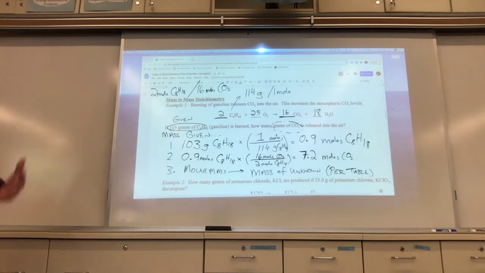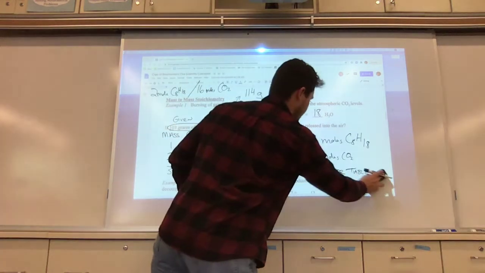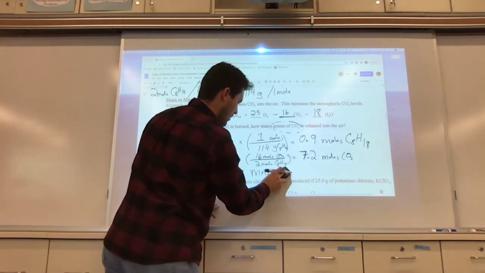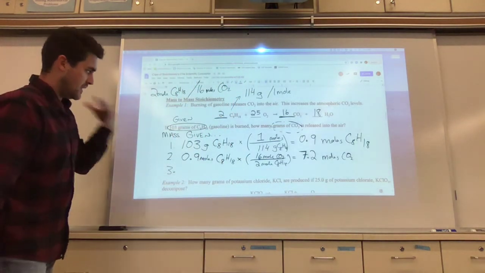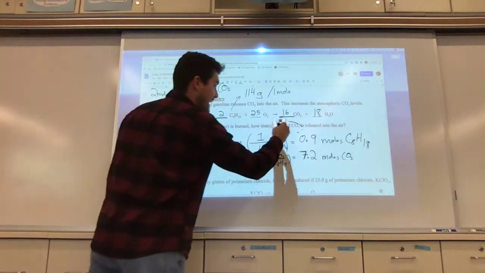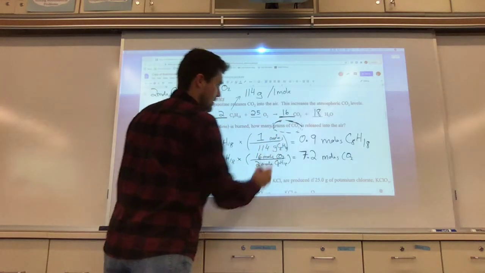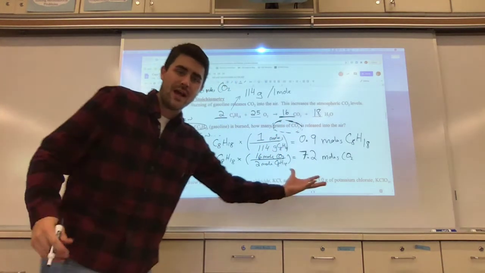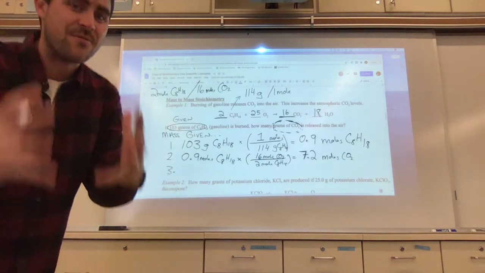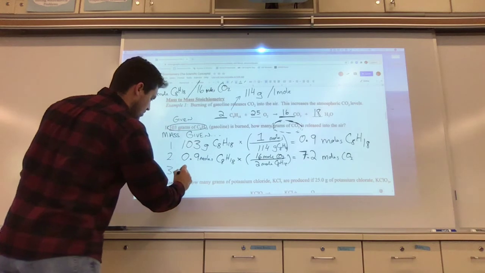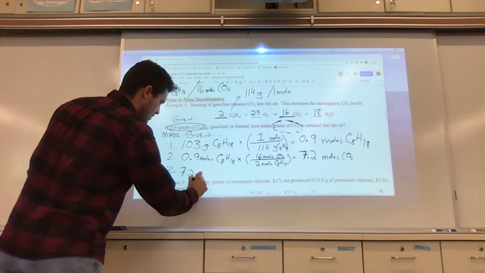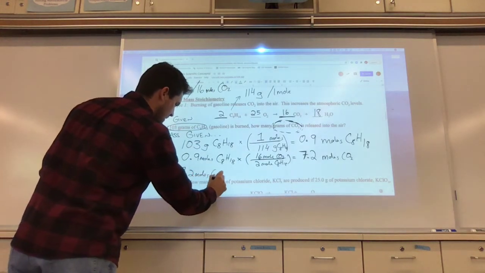That's my next step. Now the third step I have here is to convert the mole of unknown into its mass. The last thing I want to do in order to find the number of grams of CO2 is take the moles of carbon dioxide and use the molar mass to find the mass. So I have 7.2 moles of CO2.